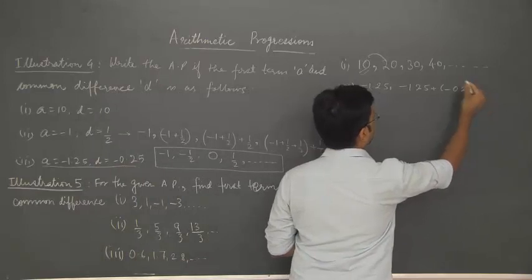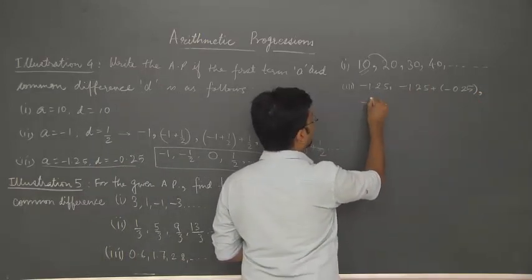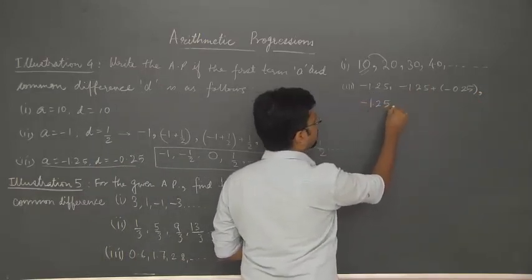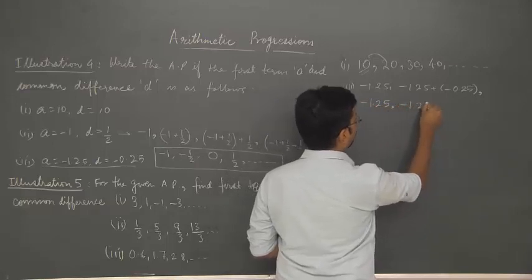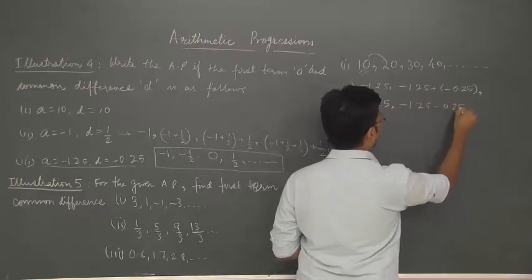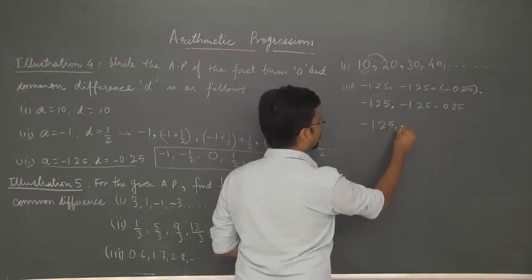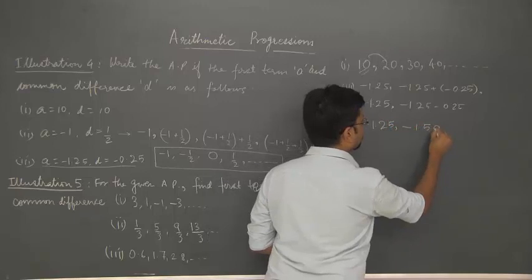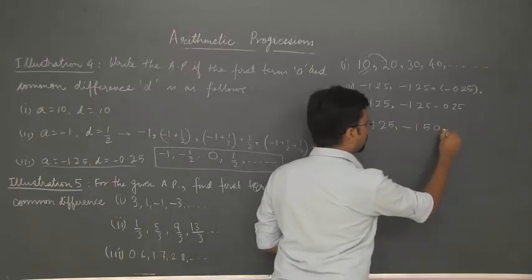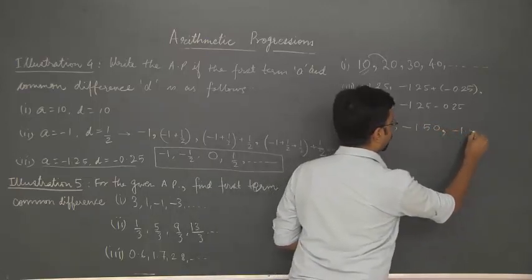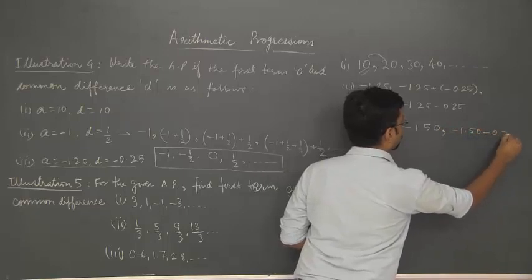The second term is this. So we have minus 1.25 minus 0.25. What will we write it as? We will write it as minus 1.50. The next term would be minus 1.50 minus 0.25.